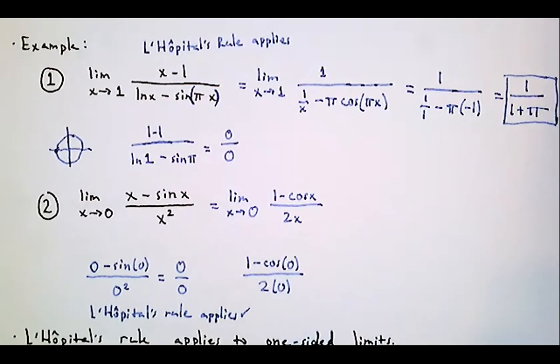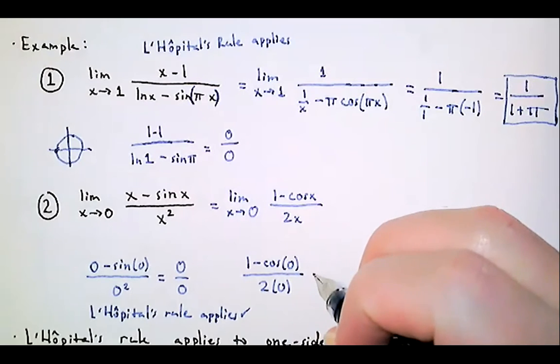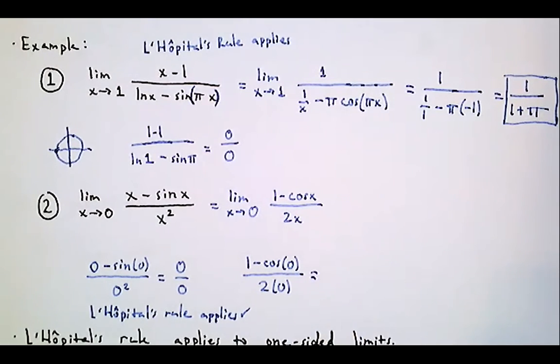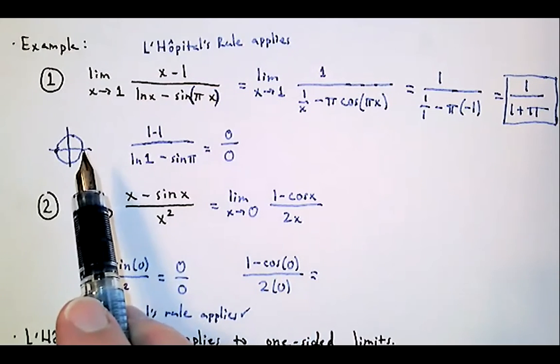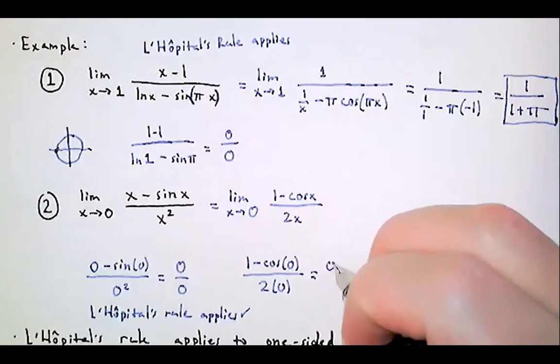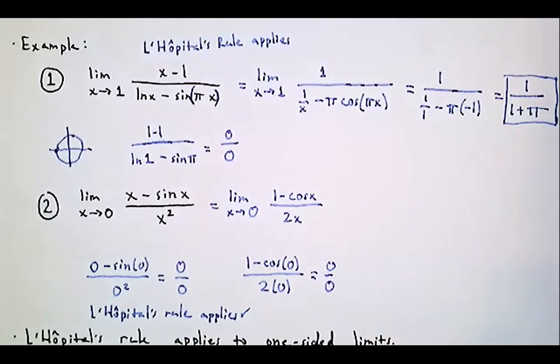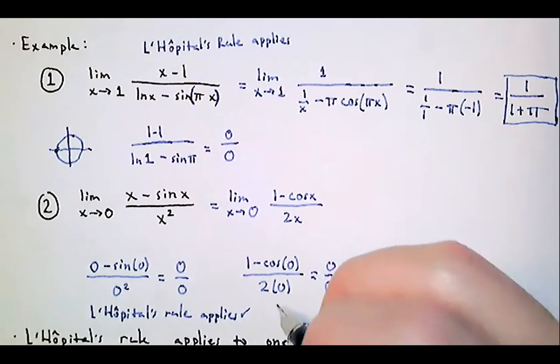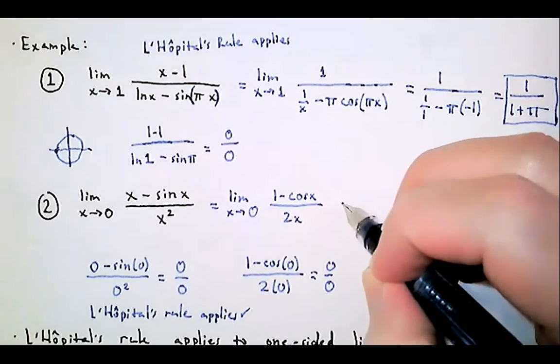But what about the top of our fraction, the numerator? What's cosine of 0 again? It's 1. So we're looking at another 0 over 0 indeterminate form. So even though we've already done L'Hopital's rule, we still have another indeterminate form. So we have to do L'Hopital's rule again.